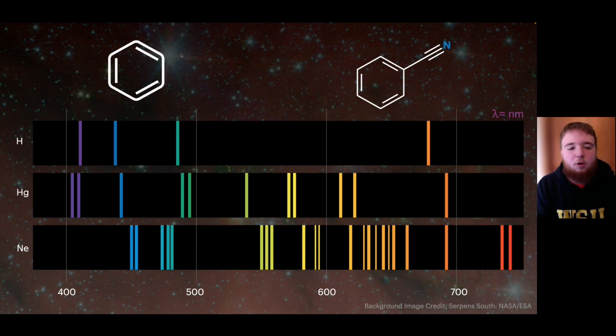So if we can correctly model how a molecule behaves, we can figure out what frequencies of light it will emit, and we can look for those frequencies in a source and see if they line up with the molecule we're looking for. For example, here are the electronic spectral lines, which is slightly different because they appear in the visible light spectrum and are caused by electrons jumping for hydrogen, mercury, and neon.